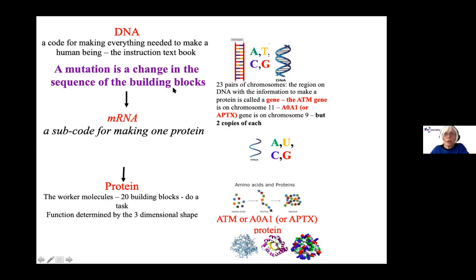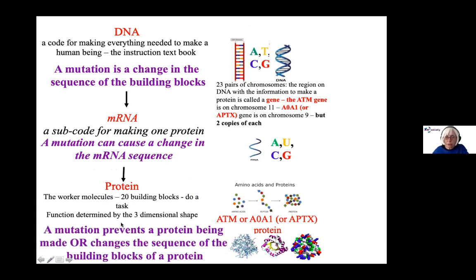Okay, now a mutation is a change in the sequence of these building blocks. That means that you'll also have a change in that sequence in the messenger RNA, and most importantly, that mutation means the protein will be abnormal, or at least in the situation we're talking about, disease.